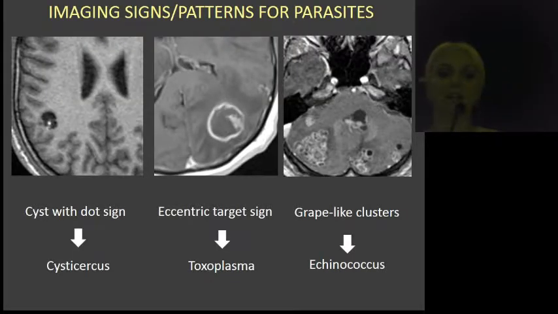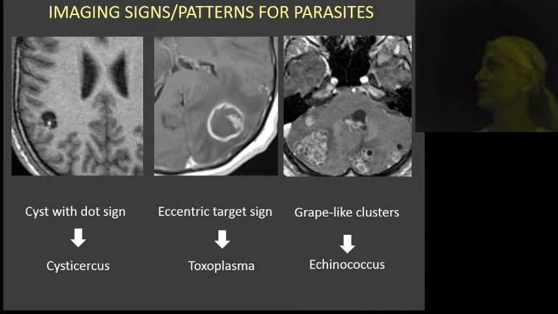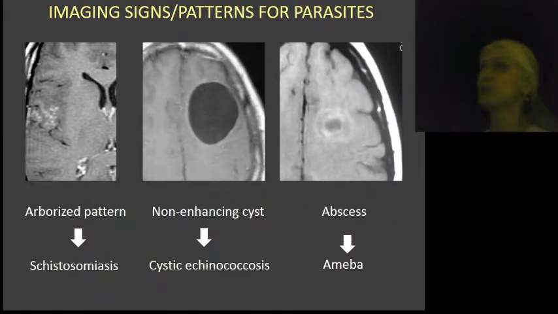Again, this is a very simplified approach, just to put all the ring-enhancing lesions together. A cyst with the dot sign is cysticercus, an eccentric target is toxo, and a grape-like cluster would be alveolar echinococcosis.